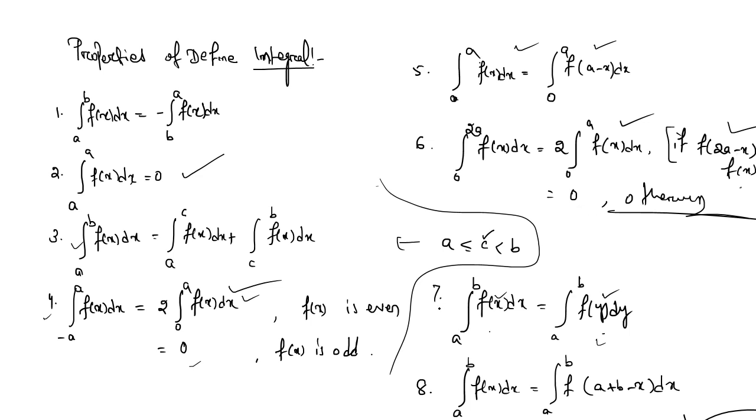In the 7th, lower limit a, upper limit b: in both cases the limit points are the same and the function is also the same, but the variable is different. So in number 8, the integration from a to b of f of x dx is also written as f of a plus b minus x dx.